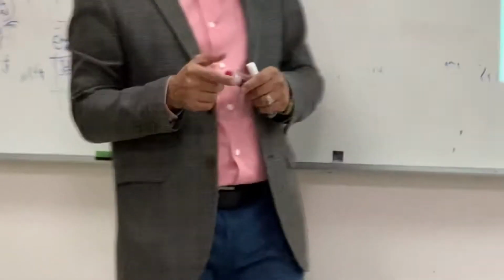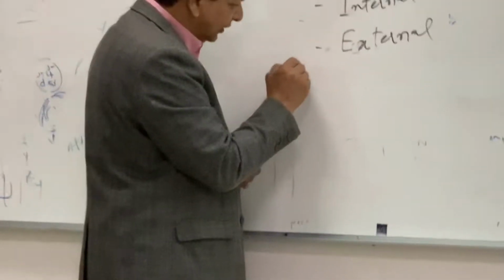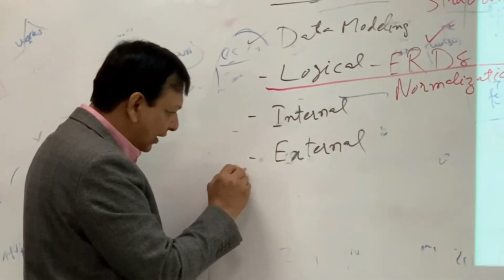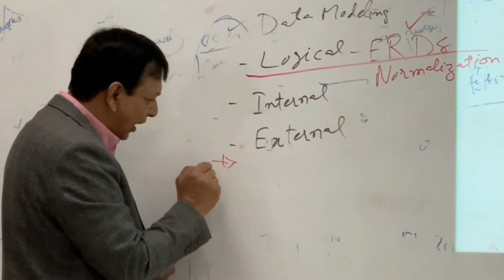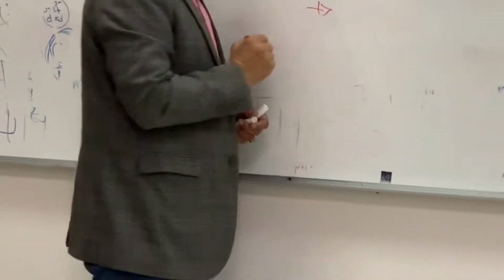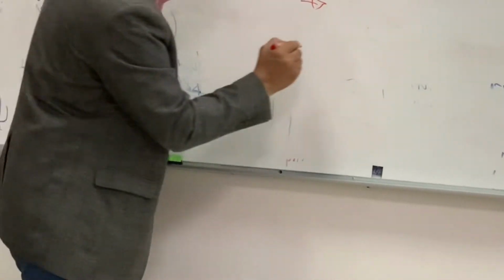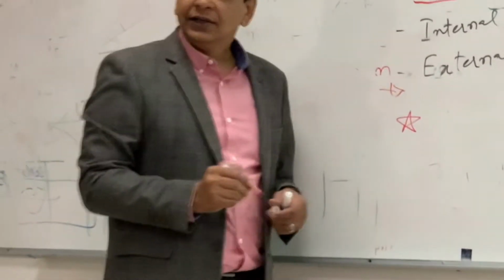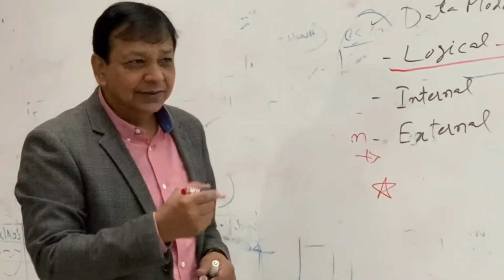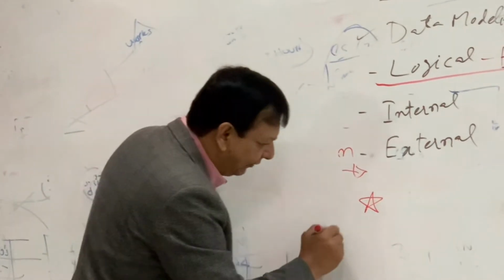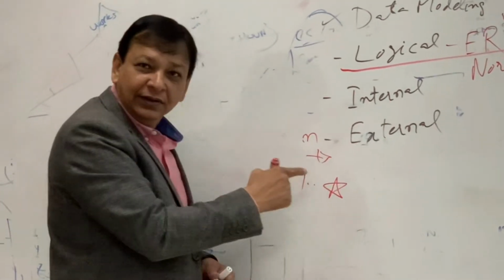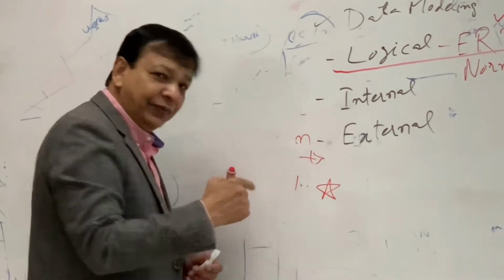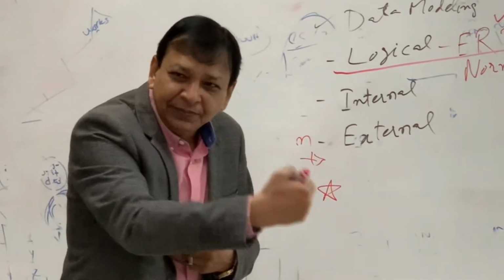In ERD, you have crow's foot and you have symbols, but in class diagram you have a star symbol to represent, or you can have one, many, but if you want to specify the number of objects, you can.